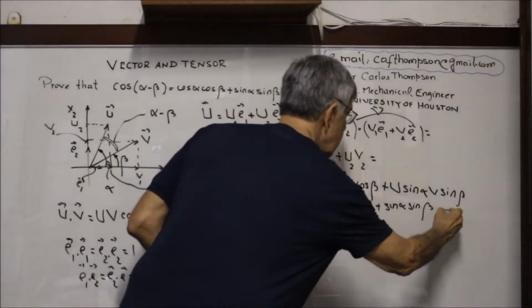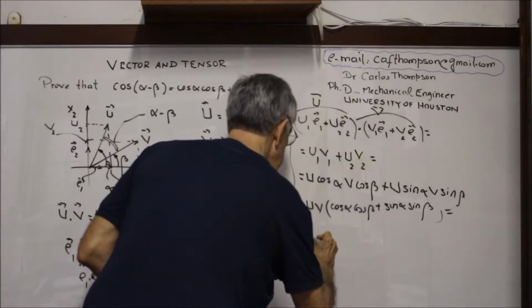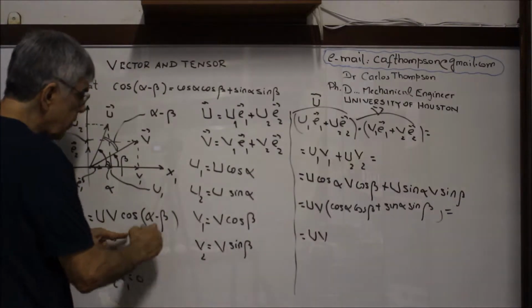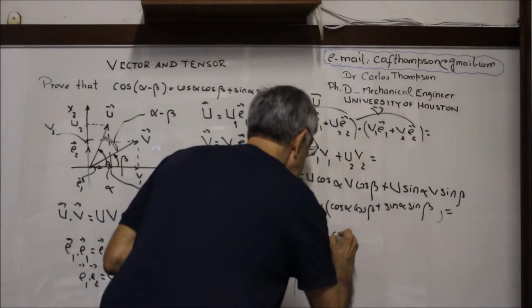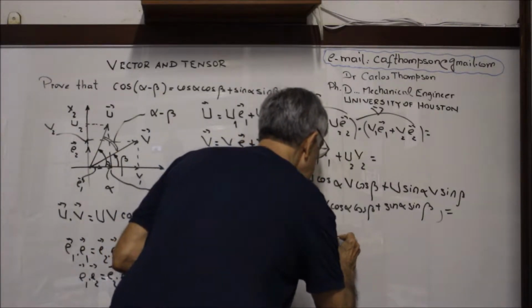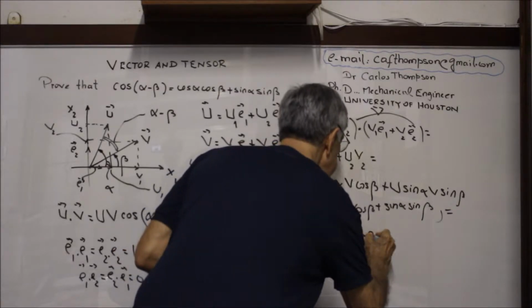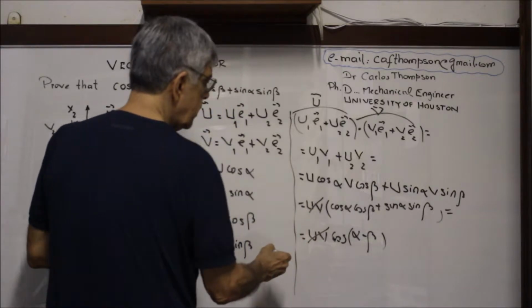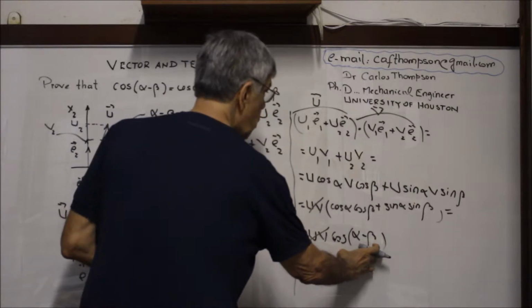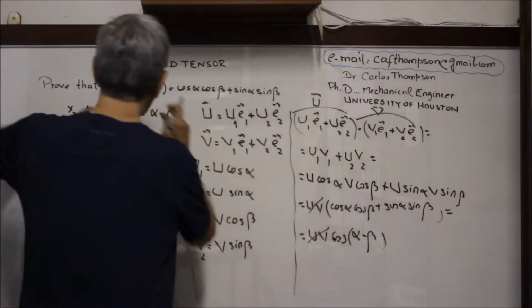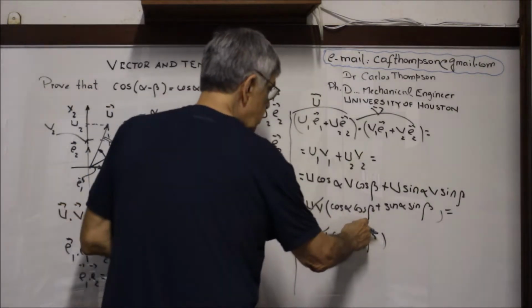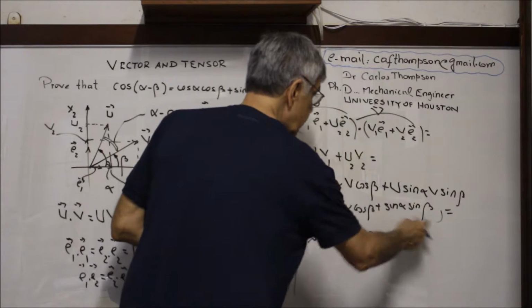So this is equal to u v cosine of alpha minus beta. Now I cancel u v. That's exactly what I want. Cosine of alpha minus beta is equal to cosine alpha cosine beta plus sine alpha sine beta.